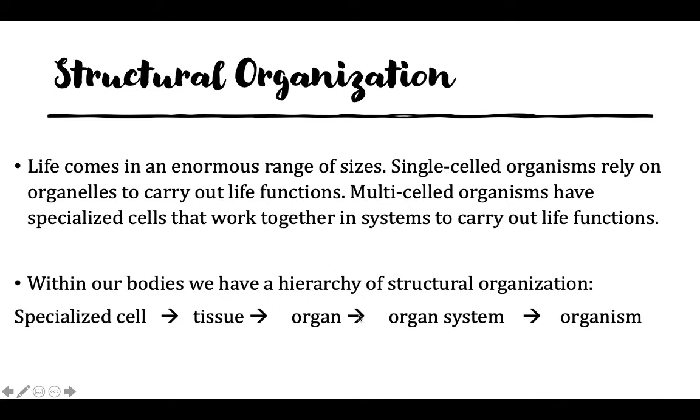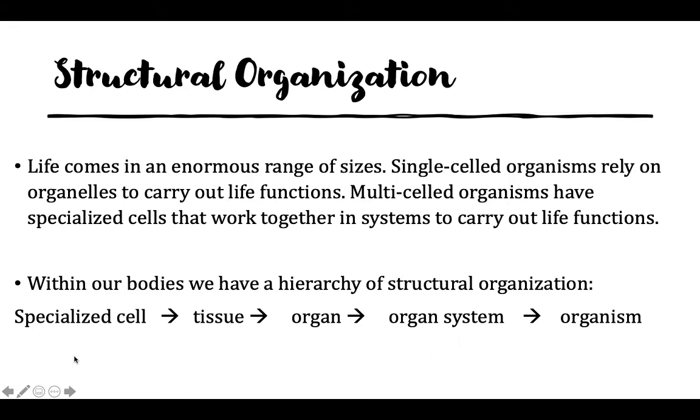When you have a bunch of different organs together, you get an organ system. When you have a bunch of different organ systems together, you get an organism. So in today's lesson, we're going to be exploring each level of this classification, starting at specialized cells, and then working our way up towards organ system.